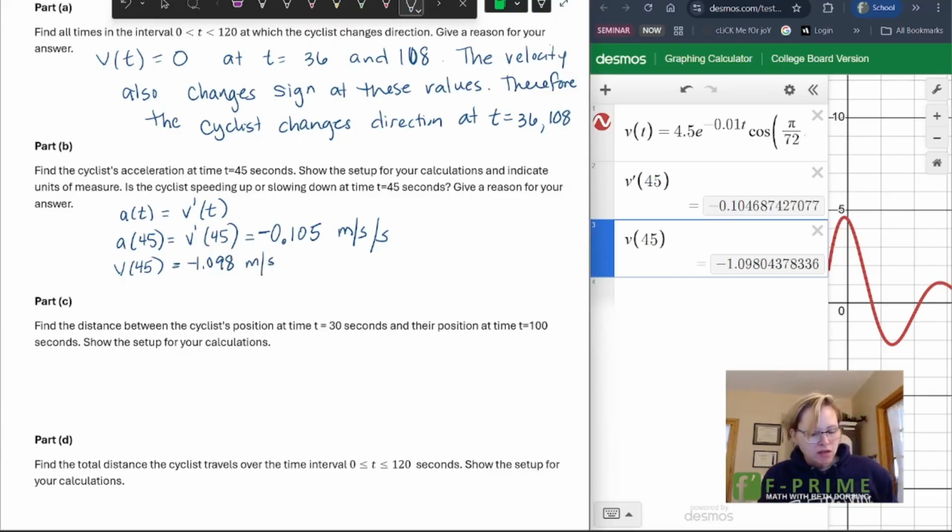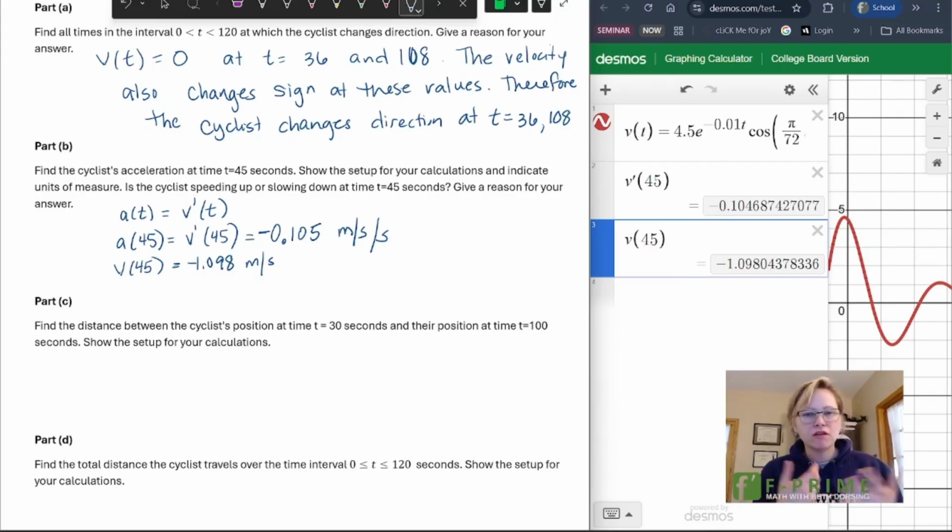And so now let's talk about how we know if the cyclist is speeding up or slowing down. Remember that velocity and acceleration have direction. So if they're both negative, that means they're both working in the same left direction. In other words, the cyclist is moving to the left, and the acceleration is then also pushing in that same direction. So if you're getting pushed in the same way that you're going, you're going to speed up.